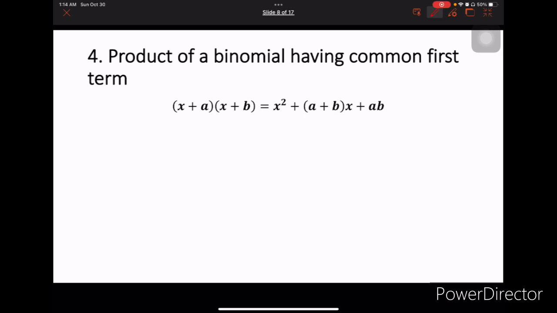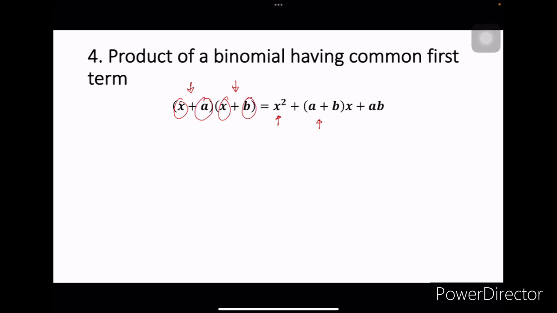Now let's proceed to the product of binomial having common first term. So as you can see, you have common first terms, right? And there's two factors. This is the first factor, and then this is the second factor. So if you have the quantity of x plus a times the quantity of x plus b, you just simply square the first term. You have common first terms, plus, always remember, get the sum of the second terms for each factor.